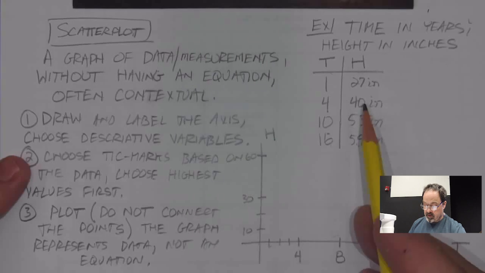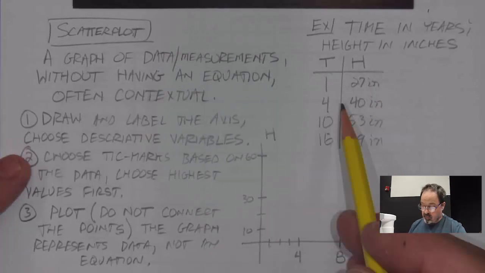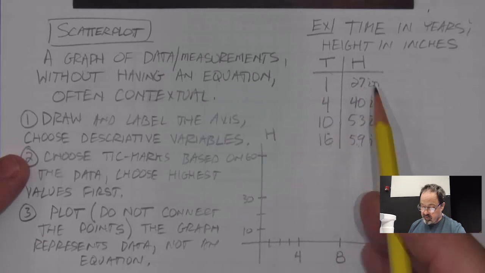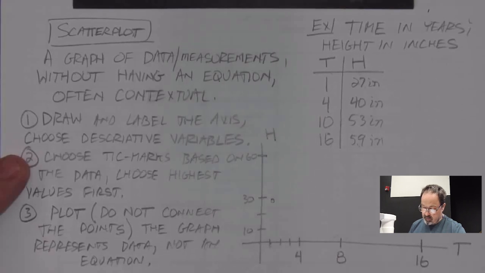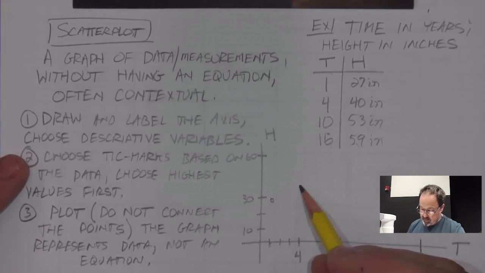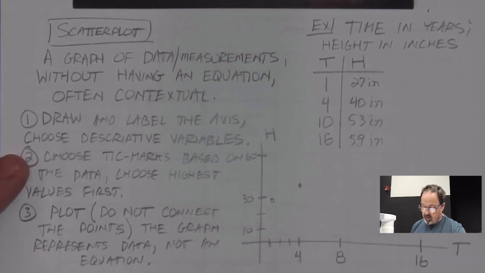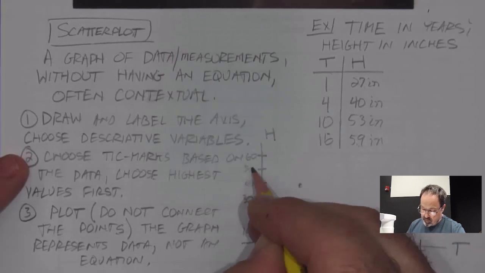Plotting this, thinking of these as pairs, as ordered pairs. So we'd plot the point (1, 27): 1 on the time axis and 27 on the height axis is approximately there. 4 on the time axis and 40 on the height axis is about there. And it might help to put in some tick marks for 40 and 50.